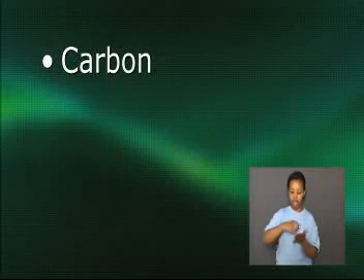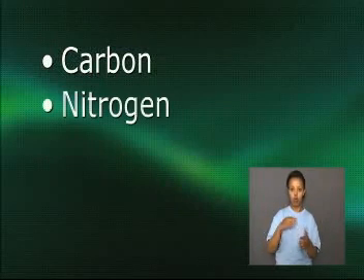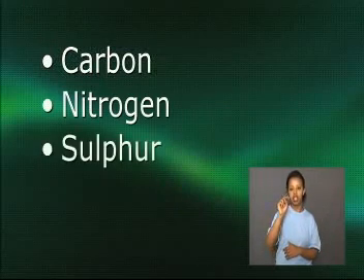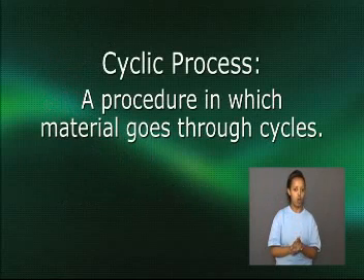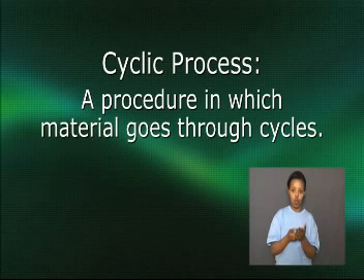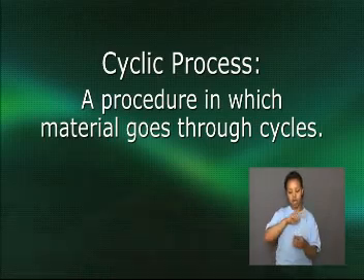Elements found in the ecosystem, such as carbon, nitrogen, sulfur, and phosphorus, undergo a cyclic process. This means that they occur in cycles. The bacteria are responsible for helping these cycles progress.